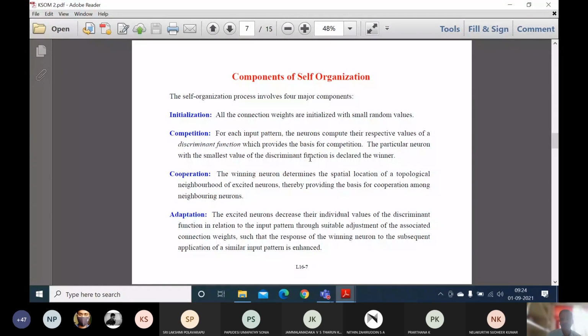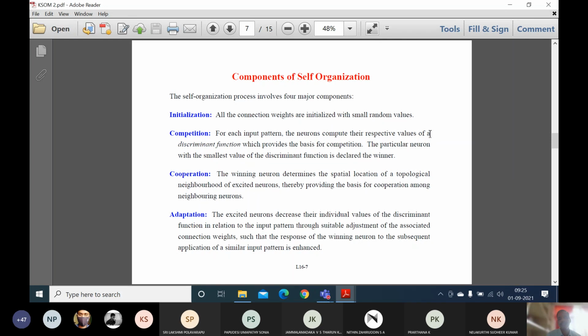The discriminant function here is equivalent to a distance measure. For each input pattern, the neurons compute their respective values of the discriminant function, which provides the basis for competition.